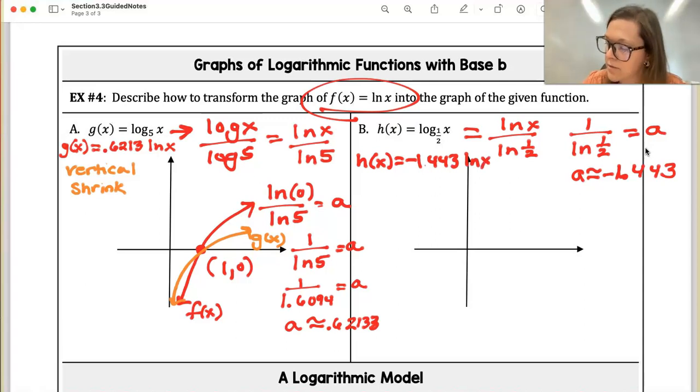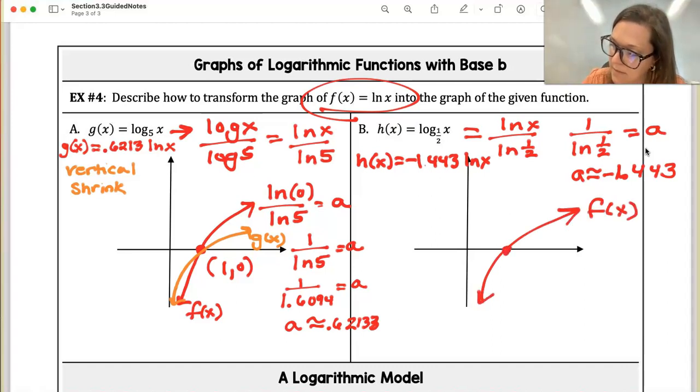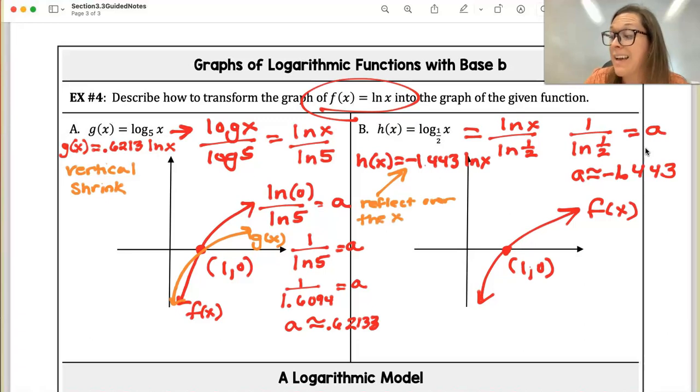So what's changing? So here's our original, here's my f of x, 1, 0. So what's happening? Well, we have a reflection. We're going to reflect over the x-axis, because the negative is in front. If it was attached to the x, it would be over the y-axis.